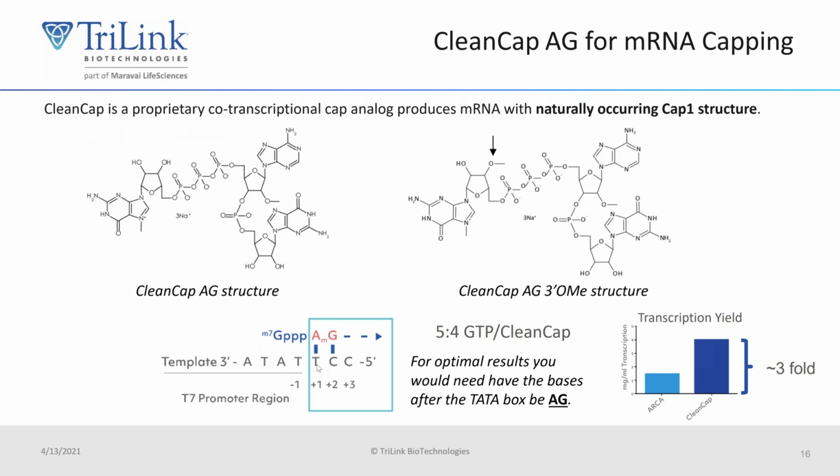So this T shown in the blue box underneath the red A is a requirement to be compatible with AG, whereas templates compatible with GG or ARCA would have a C in this position instead of the T residue.